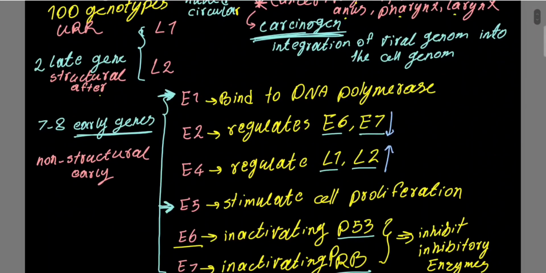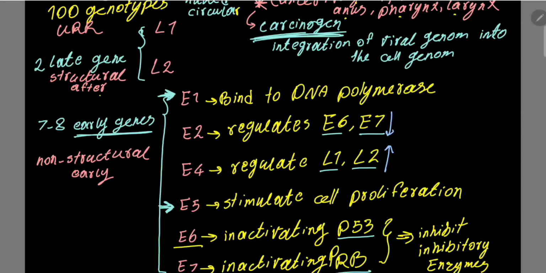Their genome has a URR, which is the upstream regulatory region. This upstream regulatory region is where the transcription factors are going to attach. Then the genome has two kinds of genes: the late gene and the early gene.